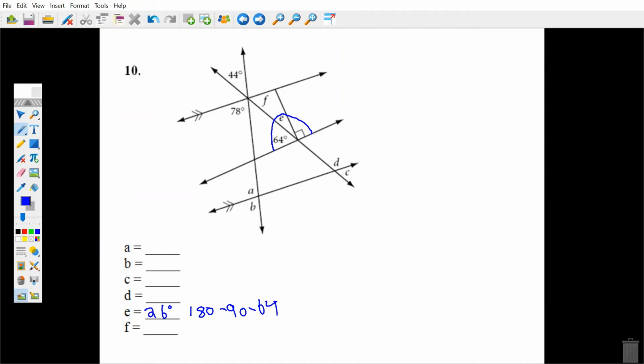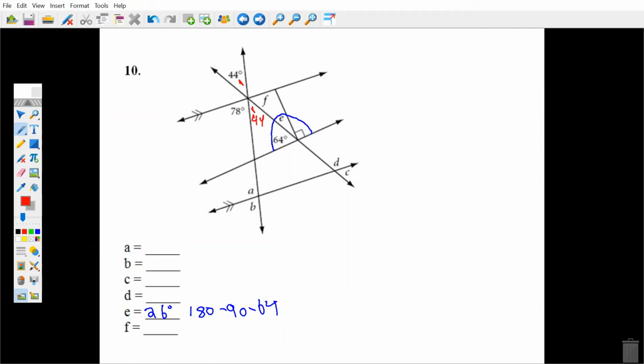Next up, what do we want to find next here? I can see that angle 44 and this angle right here are vertically opposite. So I know they would be equal. That'll be 44.